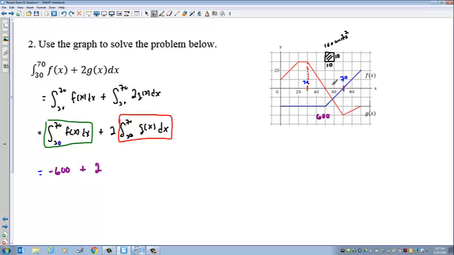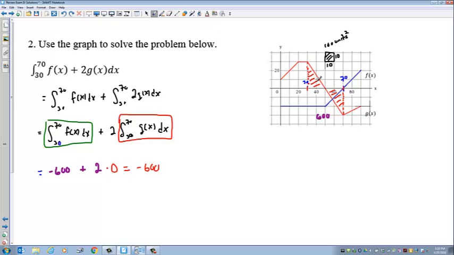So dotted lines here and there. Oh, and that's nice because this is a positive value, whereas this is a negative value. So that's 2 times 0. And so that's equal to negative 600 plus 2 times 0, which is negative 600.